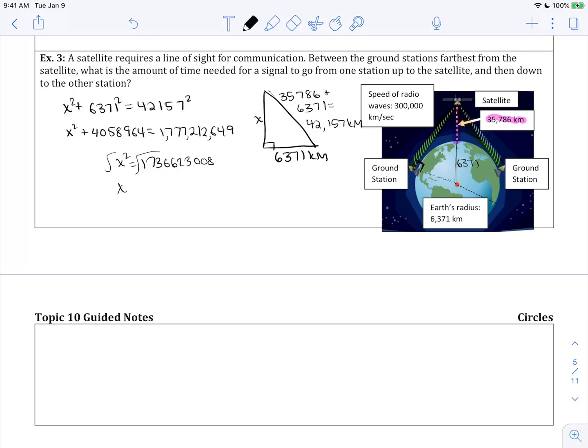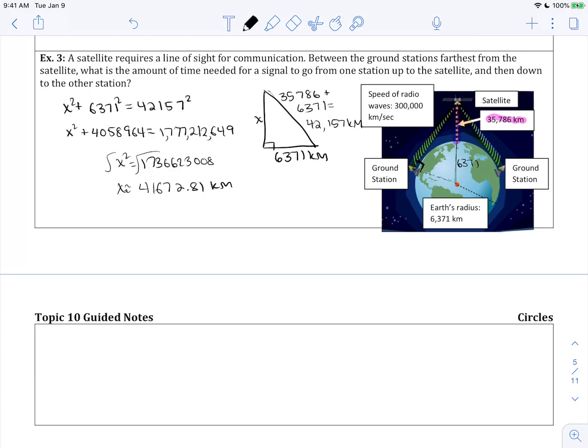I'd want to square root both sides here to get 41,672. So 41,672.81 kilometers is the distance from the station to the satellite, right?